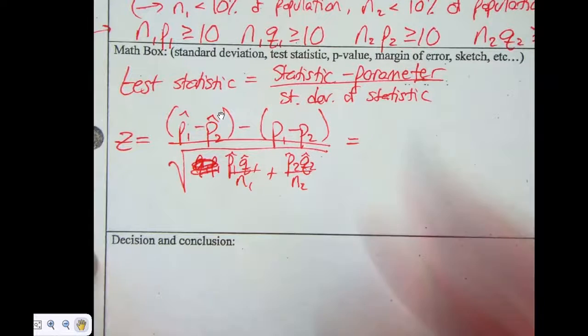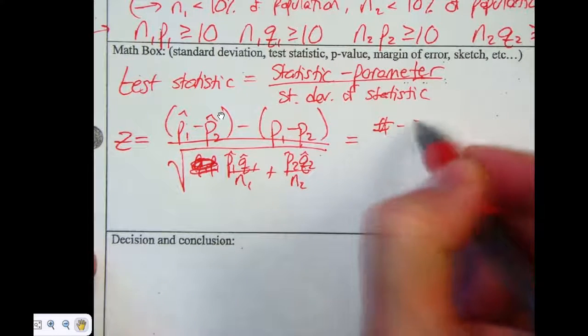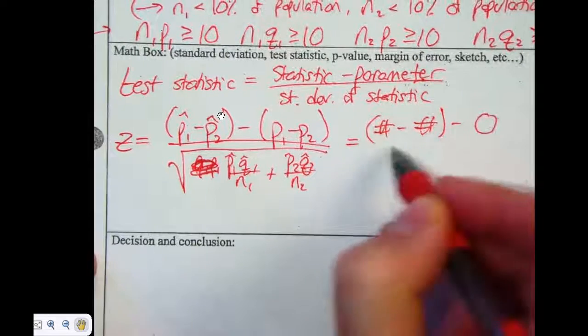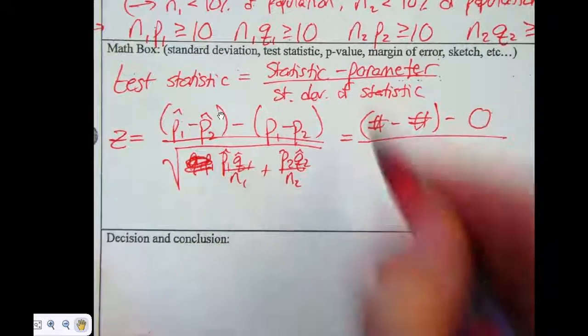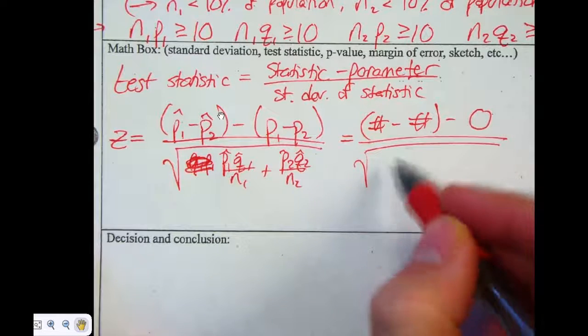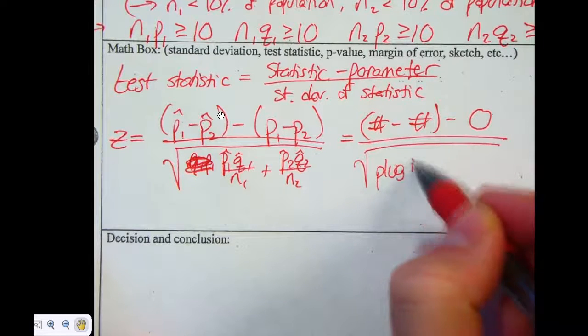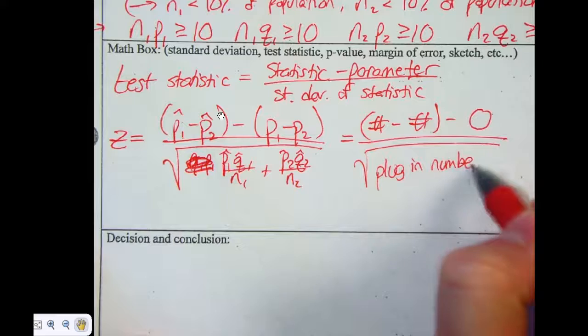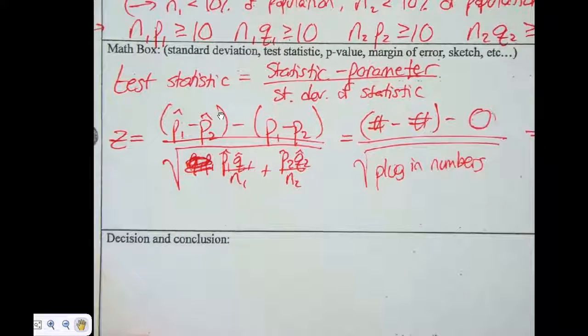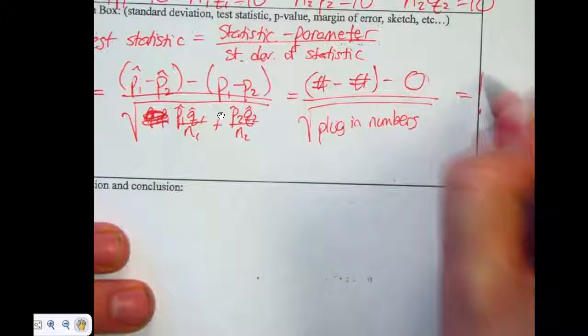So we don't know any of the numbers. This is a template. Then you plug in the numbers. I'm just going to write plug in numbers. That will always be 0, which is nice. And then you know you need your z-score.